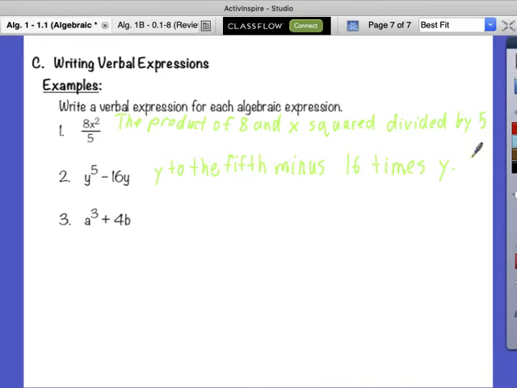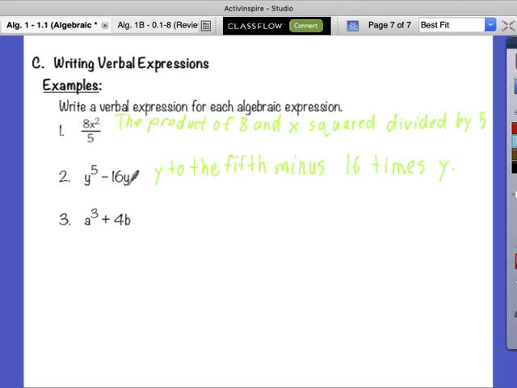We want to be a little more specific and say the y, like Alice and Emily have been doing, because it gives us a specific variable. So y to the 5th tells us this power is going on, minus 16 times y. If you were to read this and go the way we started with last class, you should get this exact same expression. Any questions on this one? I tricked you on that one.